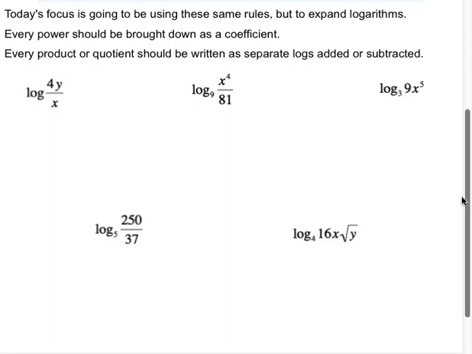So, here, the first thing that I notice is this division right here. Okay? So that division means this should be split up like that.